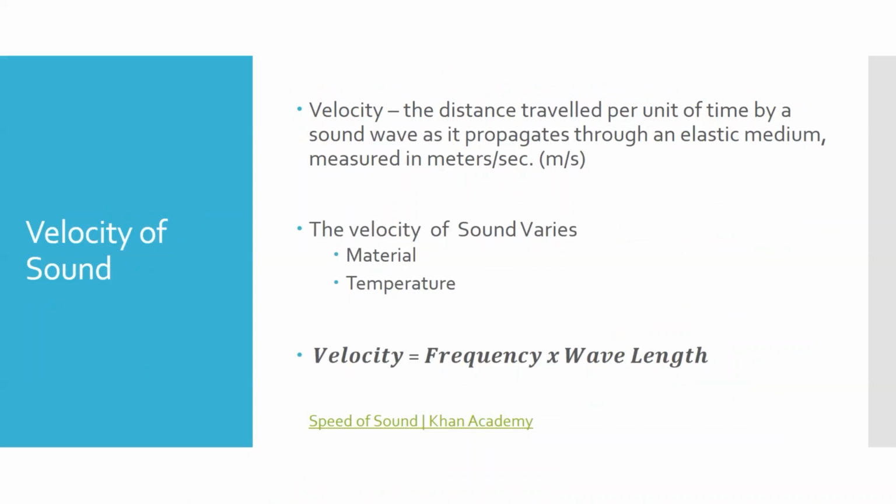So environmental conditions can have an effect on that, but the velocity is the distance traveled per unit of time by a sound wave as it propagates through an elastic medium, through a material. And pretty much every material out there is elastic to some extent. If you have a material that deadens sound, it's less elastic. It doesn't transfer the energy. We'll get into that in a minute, what that means. If something transfers sound more easily, it's more elastic in this regard.